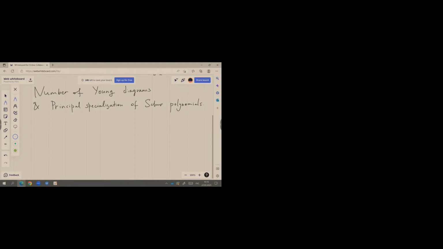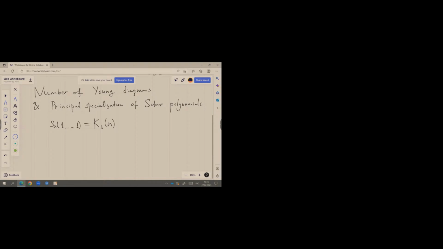So what we already know is that if we take a Schur polynomial in n variables, and if we specialize it at x1 equal to x2 equal to etc. equal to 1, what we get is just the number K lambda of n.